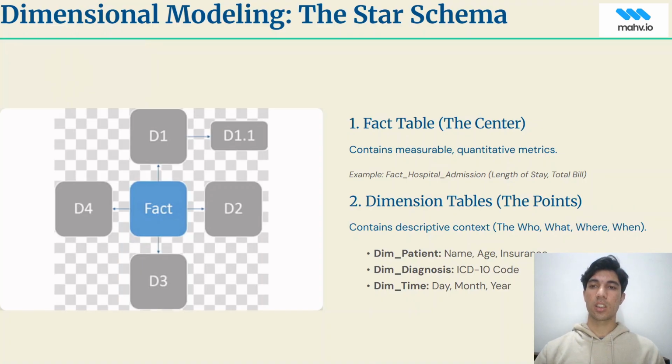Then around it are the different dimensions, which contain descriptive context: who, what, where, when, and they answer these types of questions. For example, there could be a patient dimension table, a diagnosis dimension table, a time dimension table, etc.